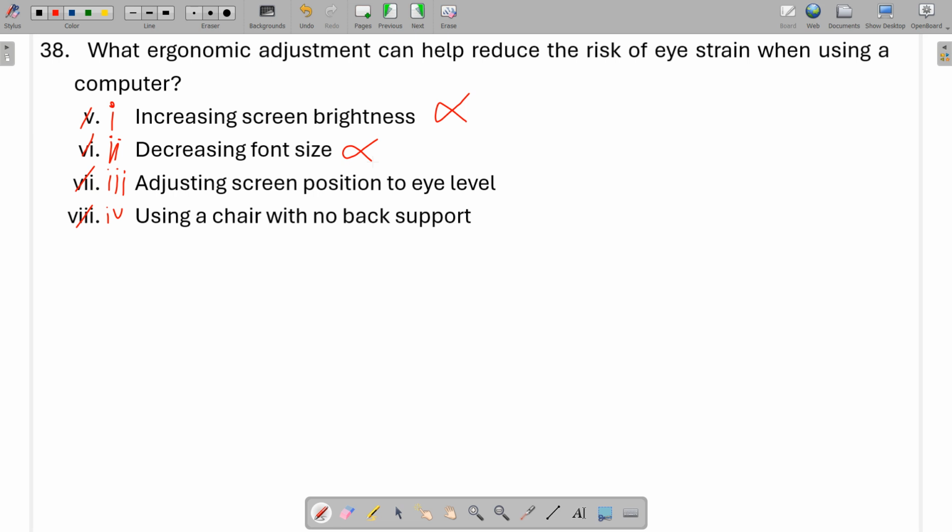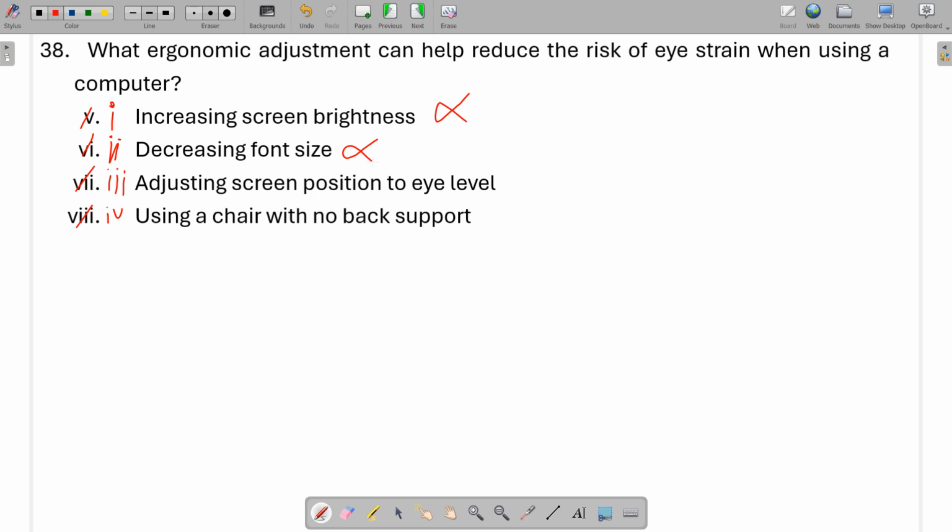And the Roman number 3 says adjusting screen position to eye level, which actually is going to help reduce the risk of eye strain. Since it is at eye level, and somewhat away from your eyes, the eyes will be in a relaxed position.